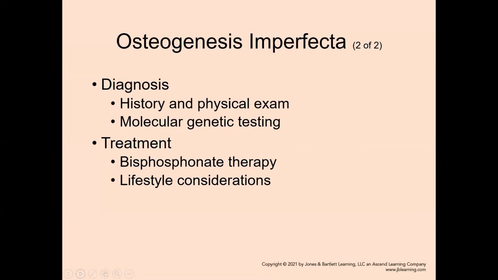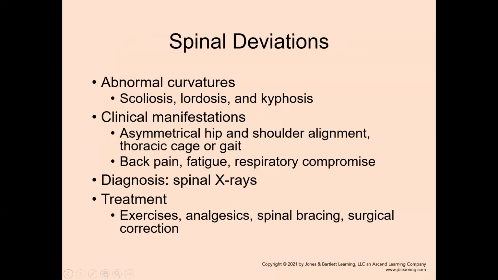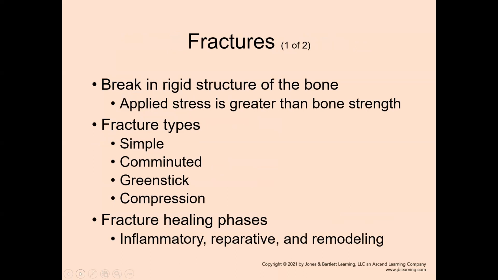The main goal of treatment is to limit the chronic pain that they have and maintain their functional ability. They may have to have surgery. They may have physical therapy, and their life expectancy varies. I've seen people live with it a long time, and then other people do not live with it a long time. So very variable.